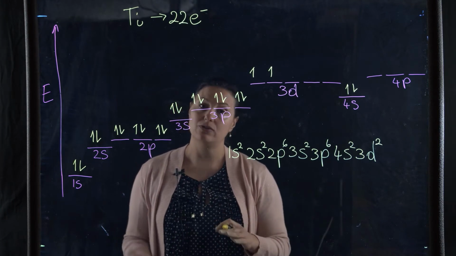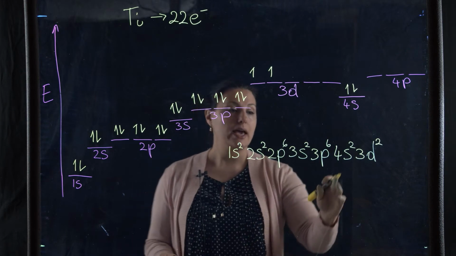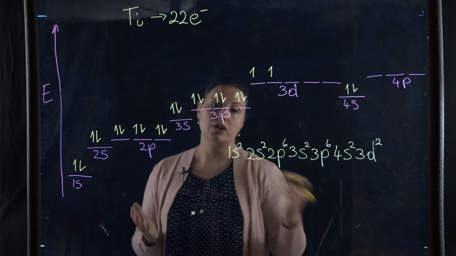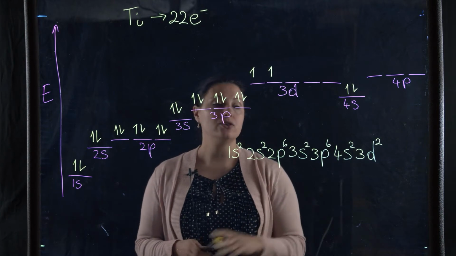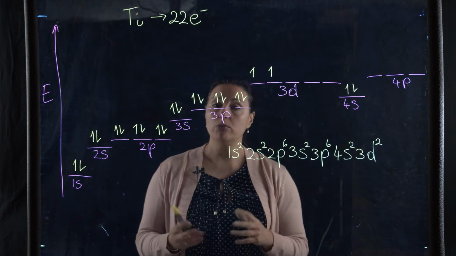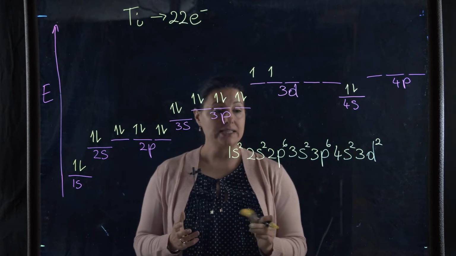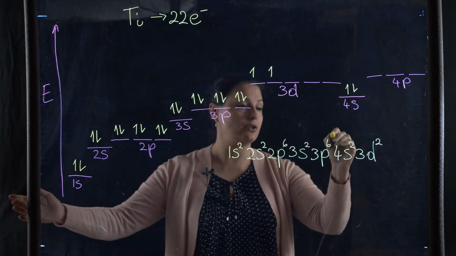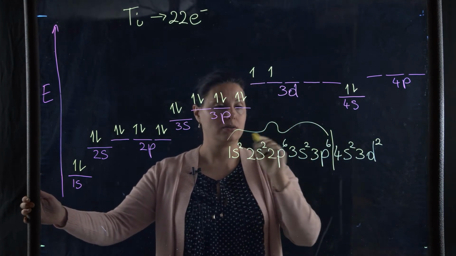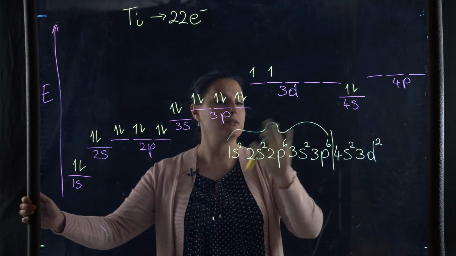We also talked about the shorthand notation, where we cut off the beginning part, which are called the core electrons, and those are the electrons that correspond to the nearest noble gas configuration. For titanium, the nearest noble gas configuration is right here.